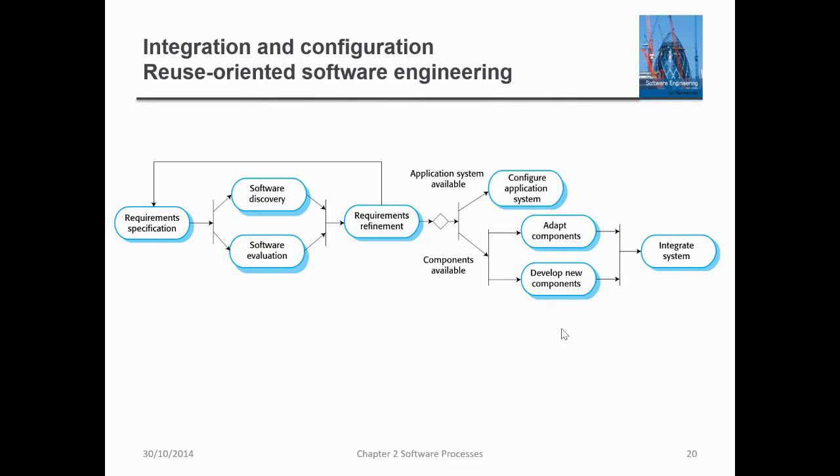Would that be acceptable for you to handle your business process in that manner? And it kind of goes back and forth until you find the best components to put together, and then you can build the system by configuring those components, and then sometimes you'll need to adapt those components or develop new pieces to tie things together, and in the end you end up with an integrated system.